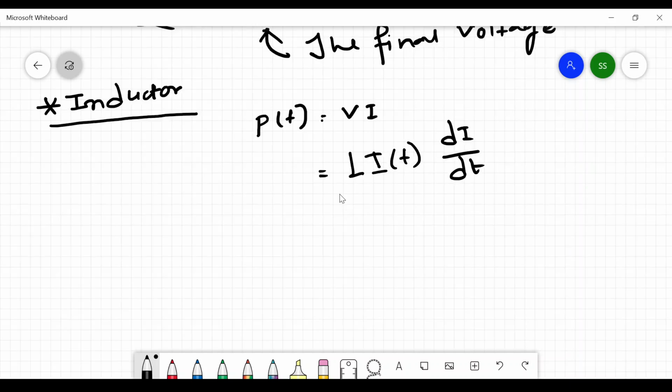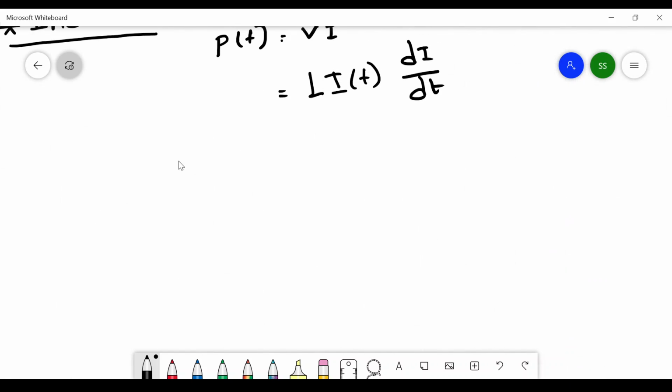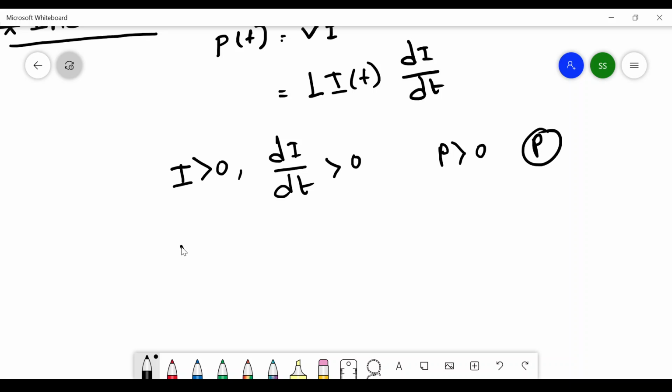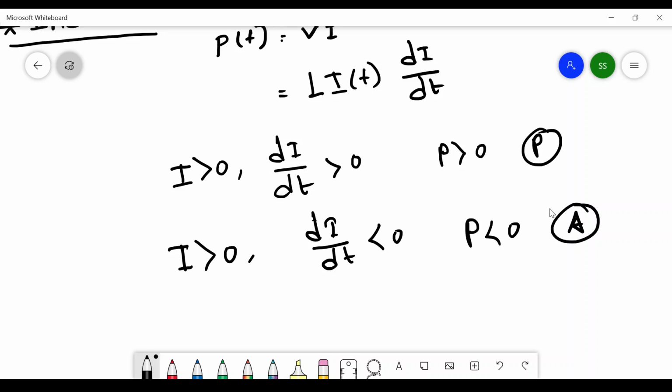So we will depict different conditions here. When i is greater than 0 and di/dt greater than 0, power is greater than 0, passive element. When i is greater than 0 and di/dt less than 0, power is less than 0, active element.